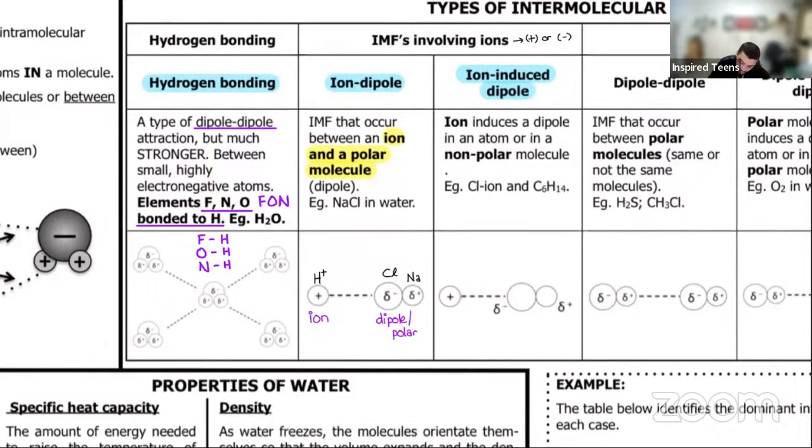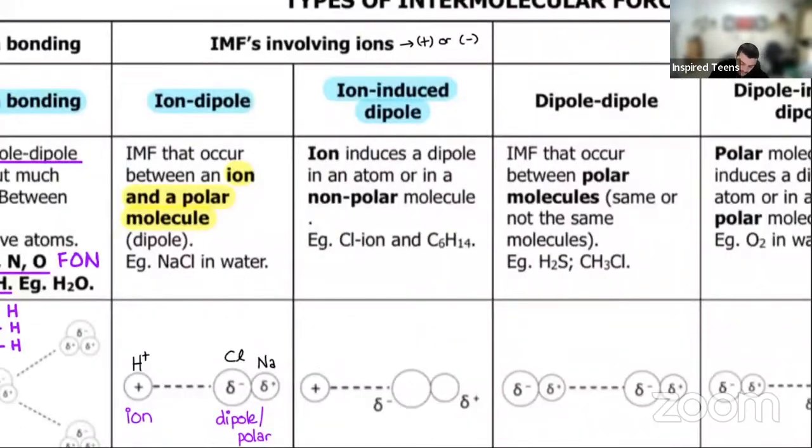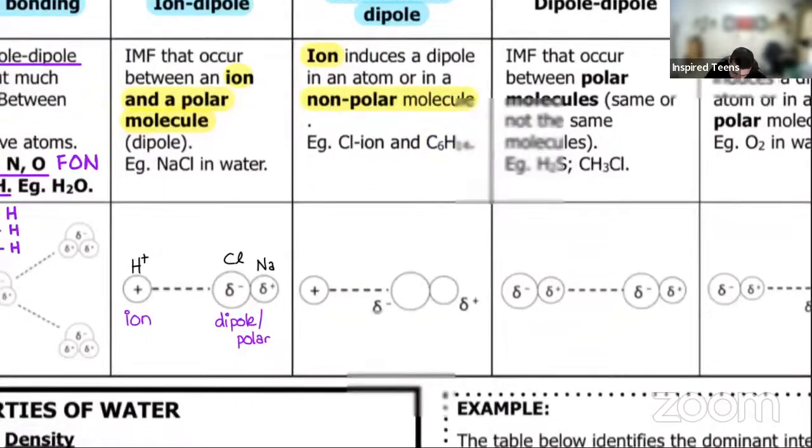Ion-induced dipole. Whenever you look at induced dipole, you should consider that it is forming a force or bonding with a non-polar molecule. Here it says that an ion induces a dipole in an atom or in a non-polar molecule. So this is between an ion and a non-polar molecule. For example, the Cl ion and this non-polar molecule C6H14.